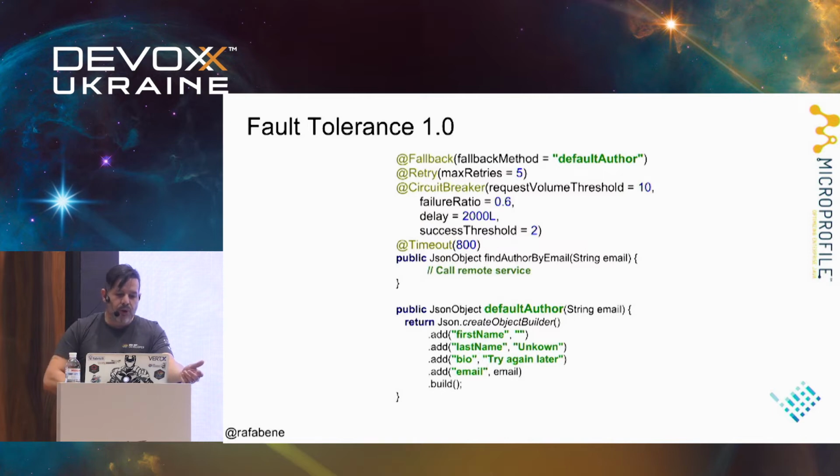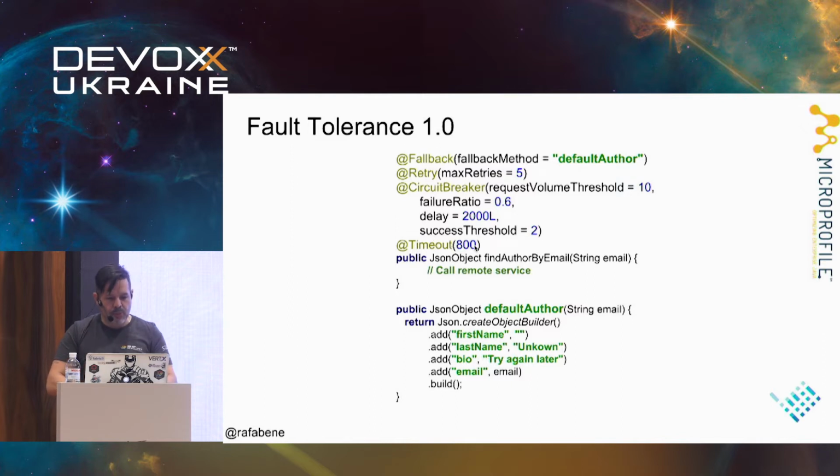Okay, retry, max number of retries, 5. Circuit breaker, that uses a timed window. So during 2 seconds, if it fails more than 60% of the time, then open the circuit. Okay, and timeout 800 milliseconds.